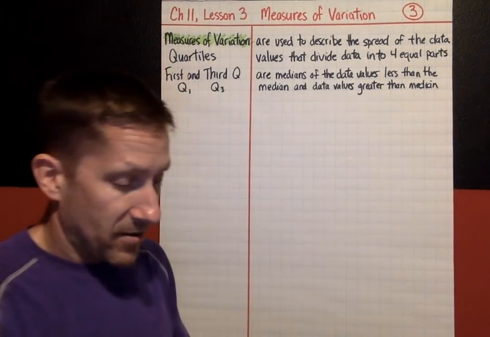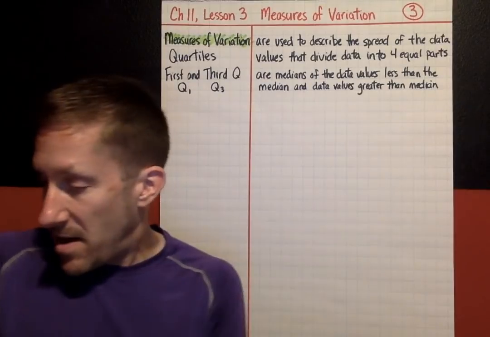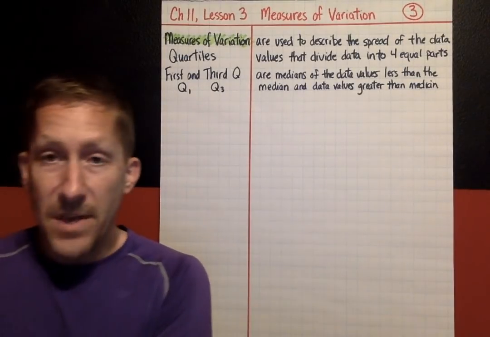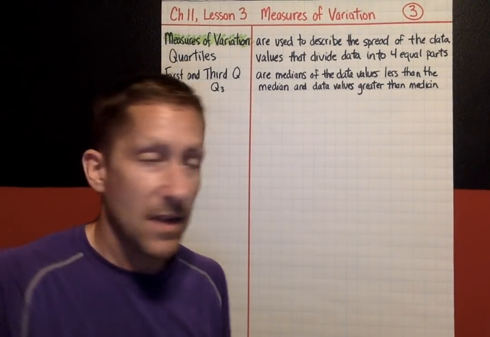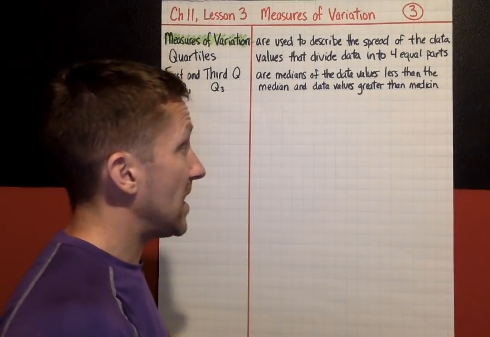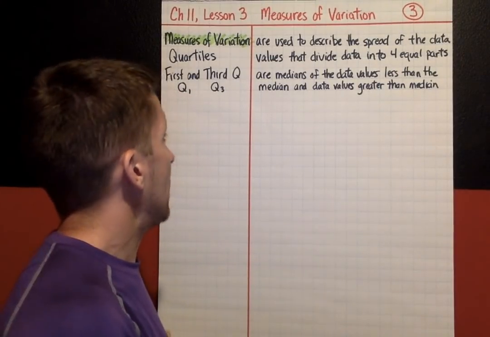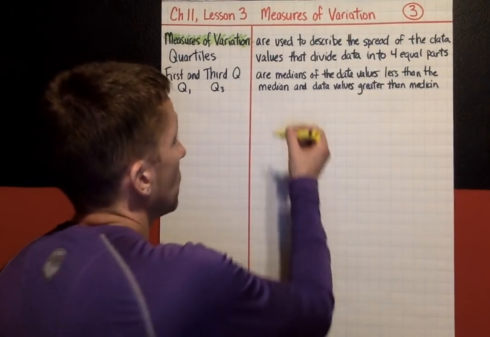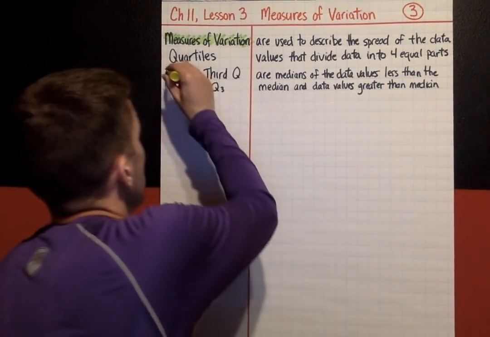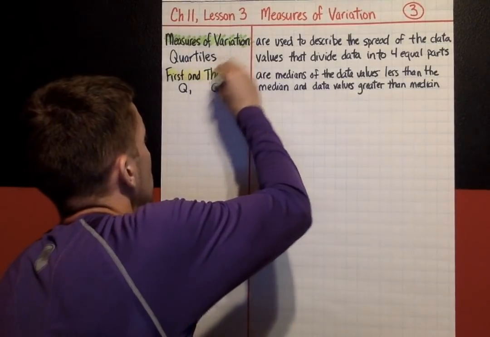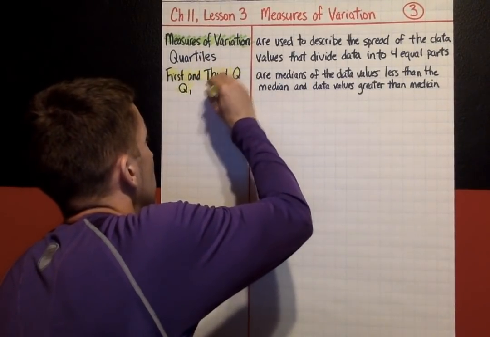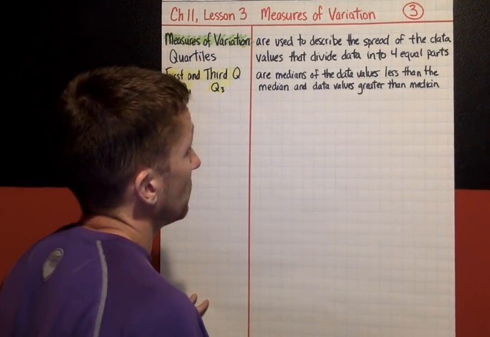And again, that sounds very confusing, I know, but it's really finding the middle of your data, the median, and then finding the middle of the first half, that's Q1, and the middle of the second half, that's the third quartile. Most sixth graders have not worked with those.